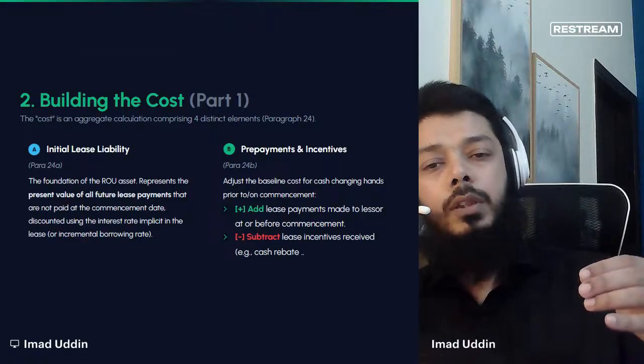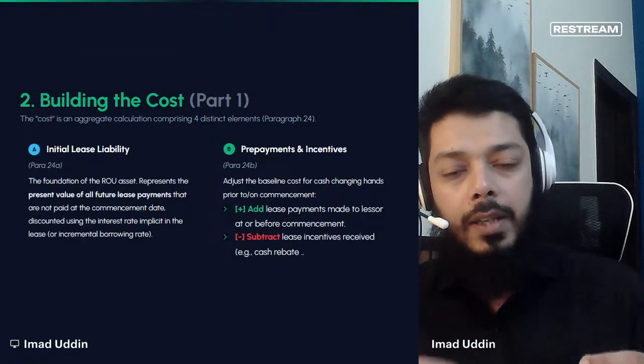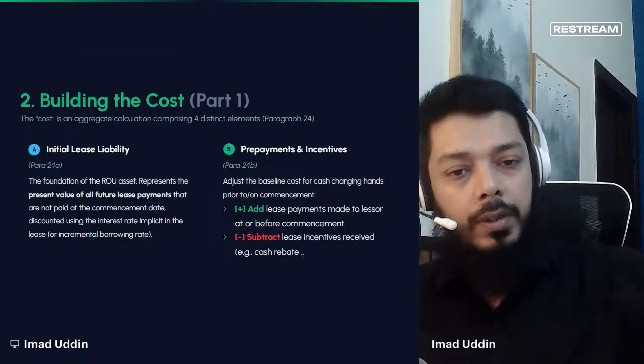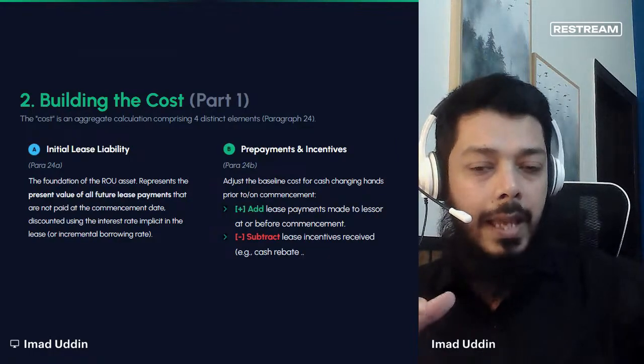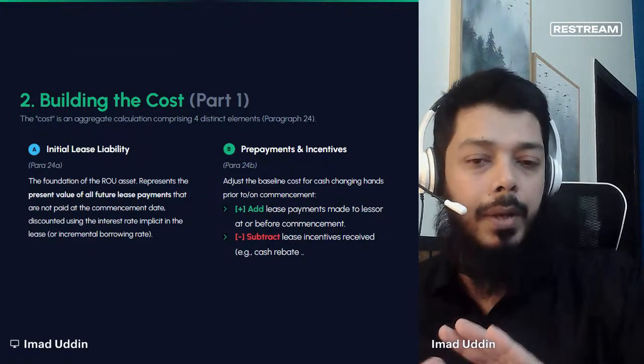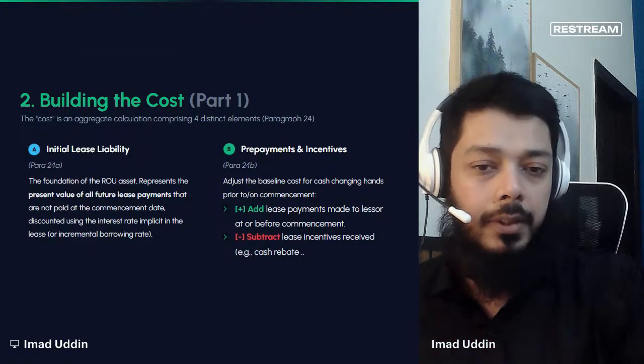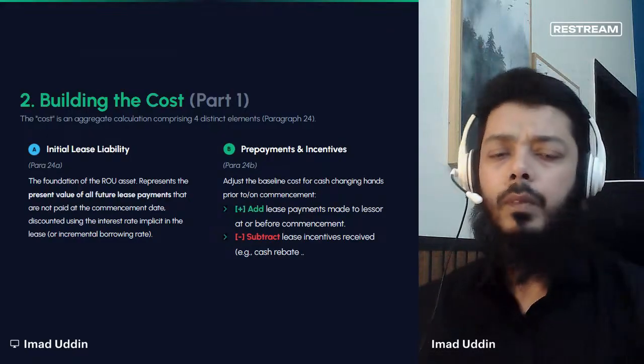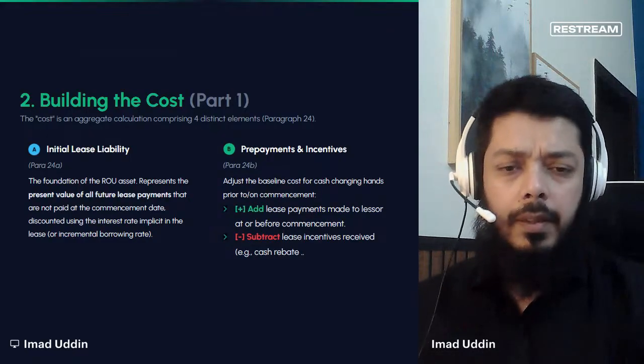Even though the lease liability contains only the future lease payments, the asset should also contain the payments that have already been made or are being made on the same day as the lease commencement date. And so we add that.